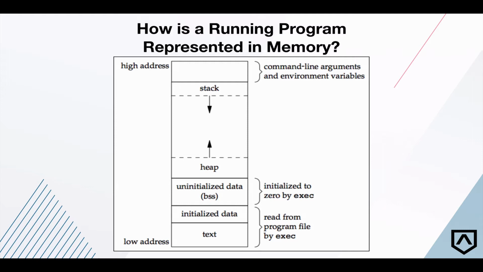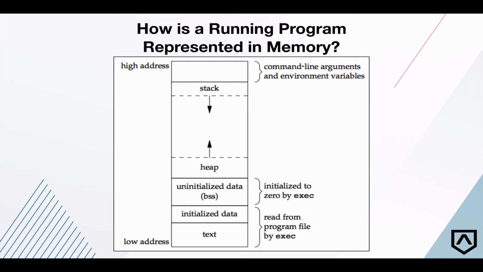Whatever the actual instructions are that specify the logic of the program, that of course needs to get stored as part of the executing program, as part of the process, so that the CPU can read from that and actually execute those instructions. So that's what text is here, along with any sort of initialized data that comes as part of initializing that process from the text.